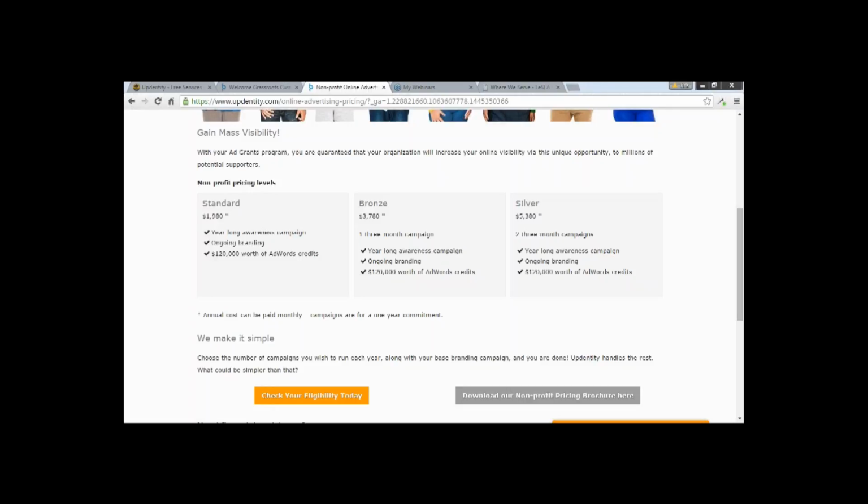Say that the keyword bids out at like $10. While there is a cap of $2, you can still bid that max $2 on it, and what happens is it puts your nonprofit a couple of pages into Google. So your ad wouldn't be right there at the first page at the top. When someone Googles, you might be a few pages in.